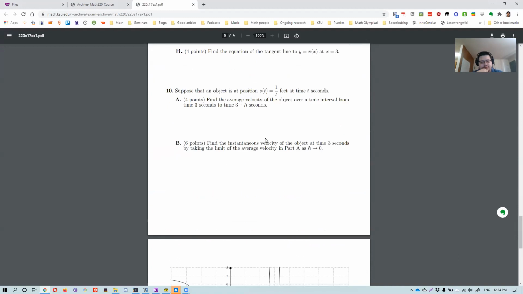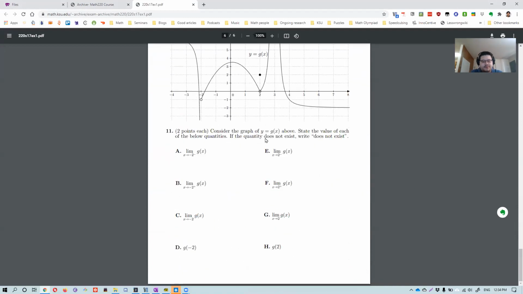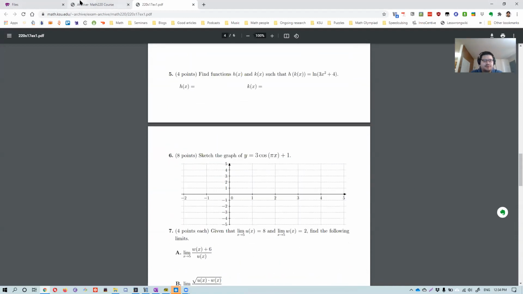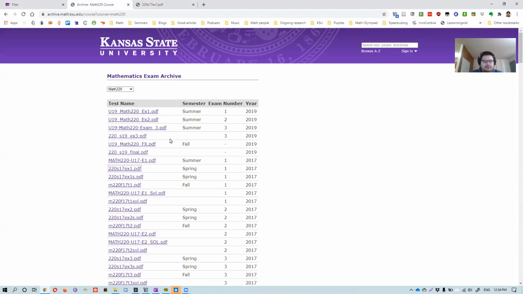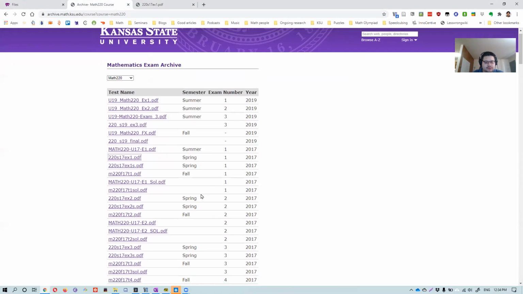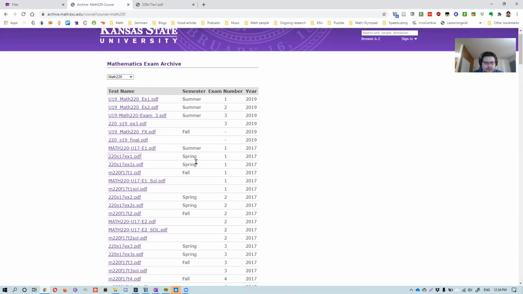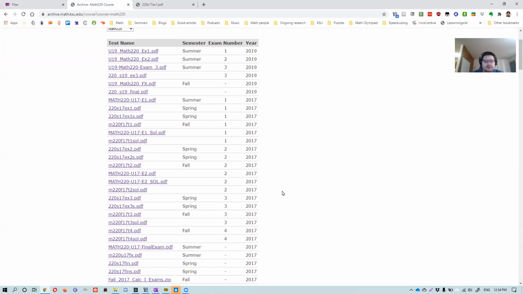The version or the style of the exam doesn't really change too much between semesters unless you go way back. So you can use this to try practicing a little bit.